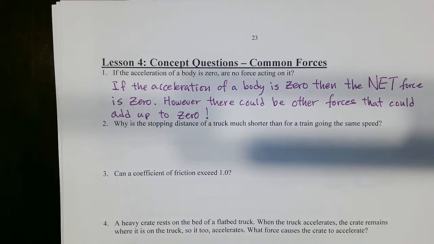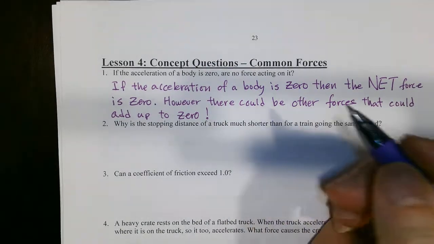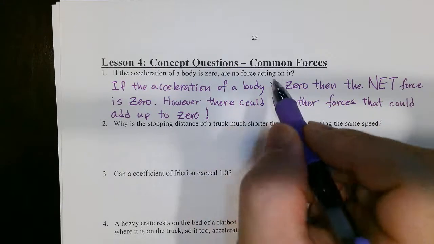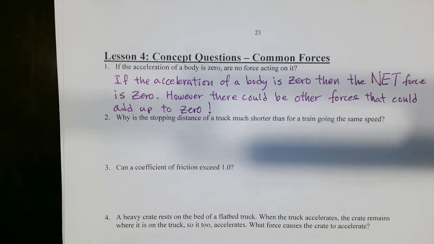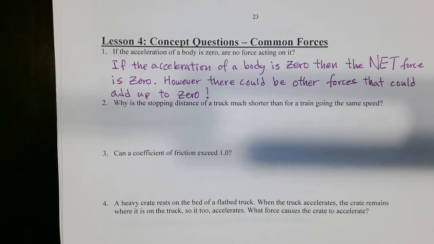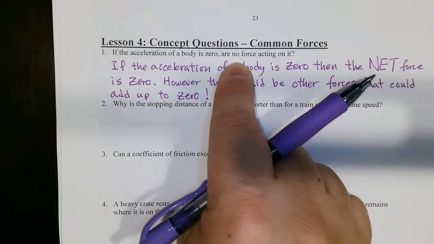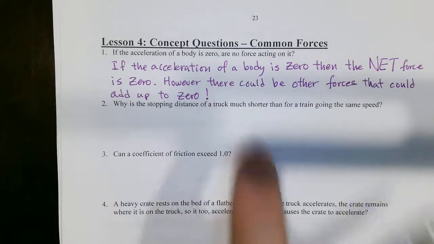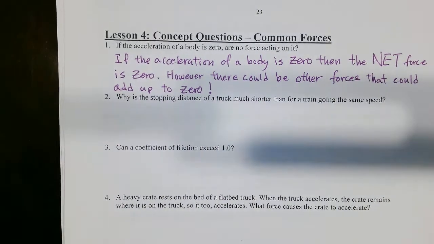So, no, there are forces acting on it, obviously. There has to be more than one, a minimum of 2. Or it could be no forces acting on it, but that doesn't always mean there's no forces. There could be 2 forces acting on it. It just means the net force is 0.